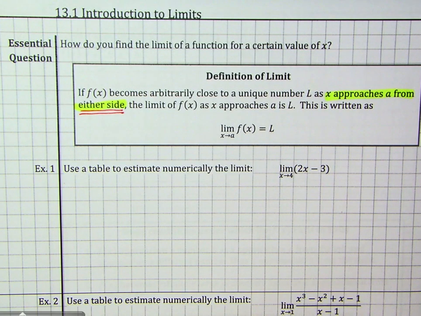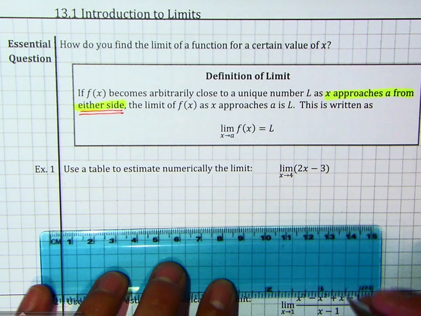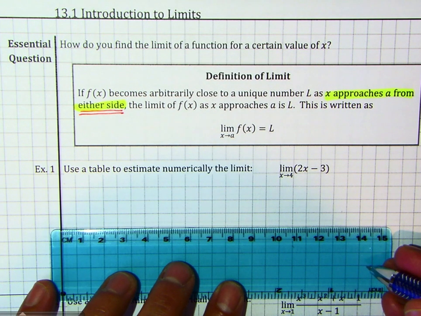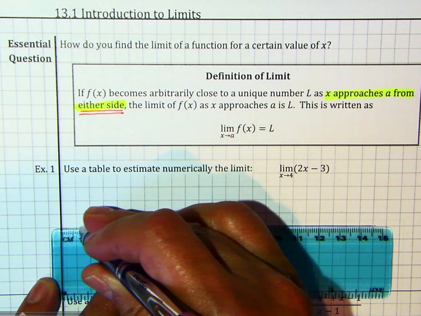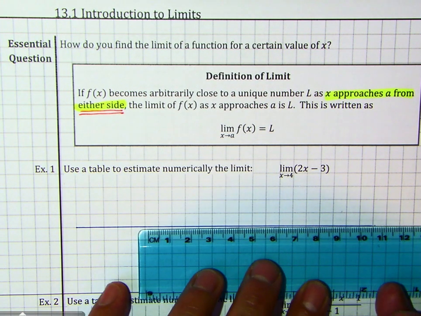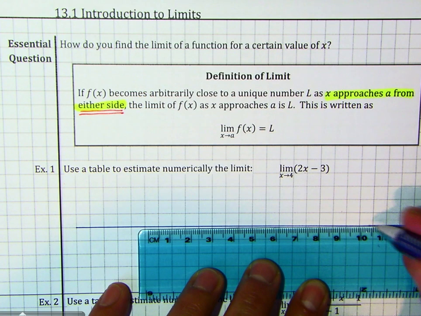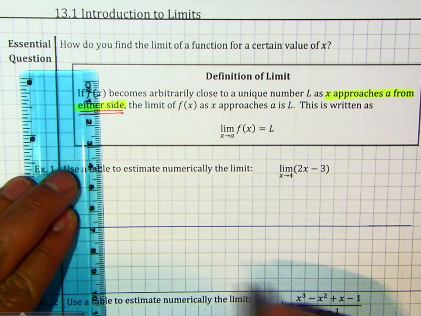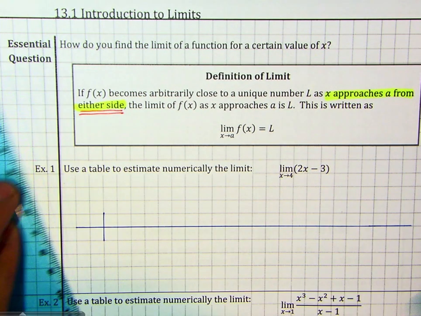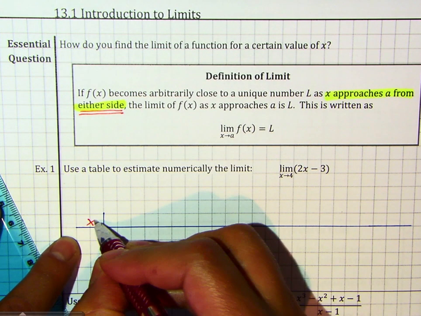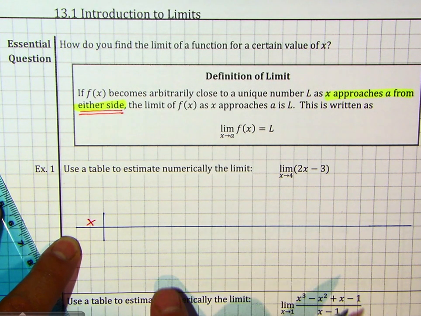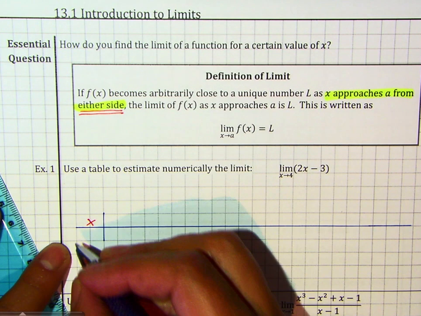So first we're going to make a table, a horizontal table in this case. You can use a ruler or your ID. And we're going to plug in values for x, and we're going to end up with values of y, or f of x in this case.